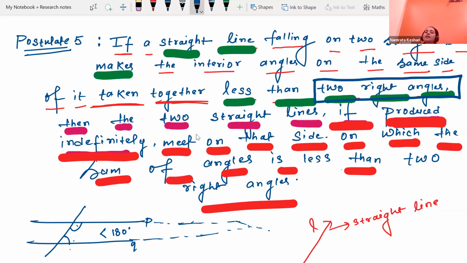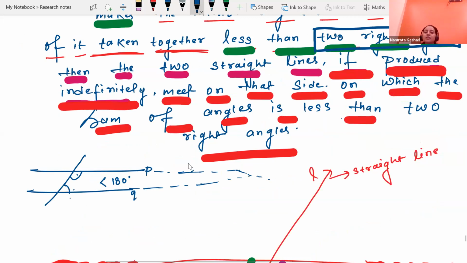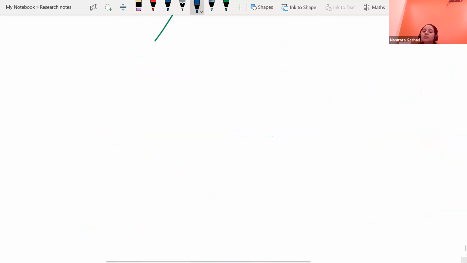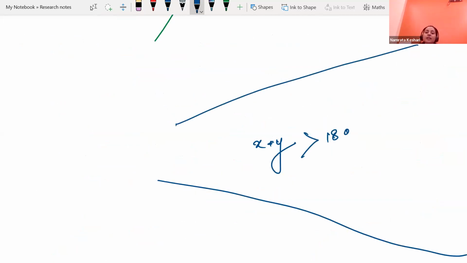And that time also it will not be parallel. If you are thinking about that scenario, what if the sum of the interior angle is more than 180? Then we can say the lines will go like that and still it is not parallel, right? Yes, ma'am.